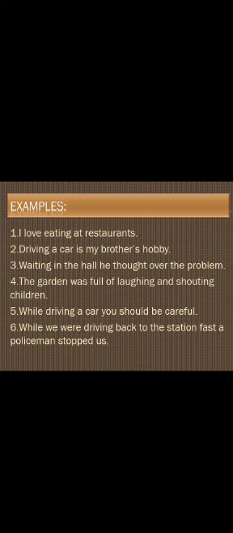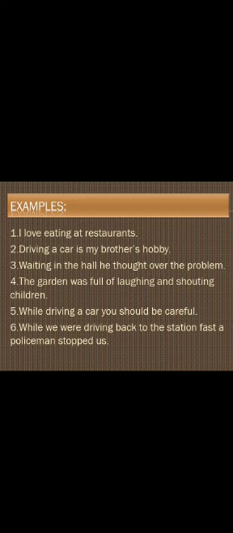In this sentence, the verb eating is gerund because it is in the function of an object and preceded by the verb love. The second, driving a car is my brother's hobby. In this sentence, the verb driving is in the function of subject and it is gerund too.